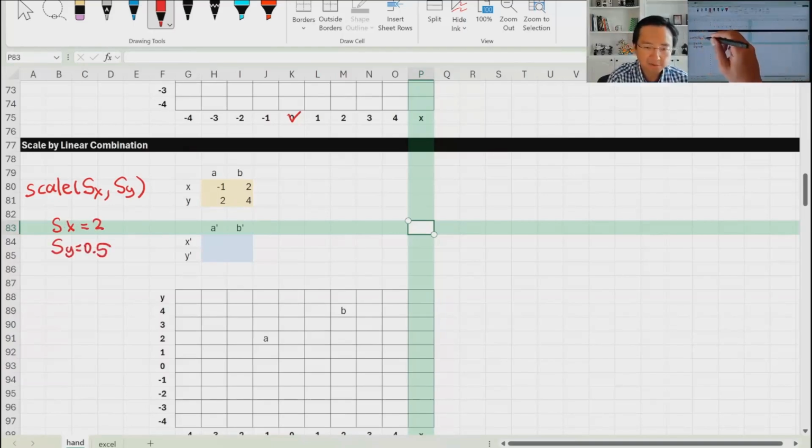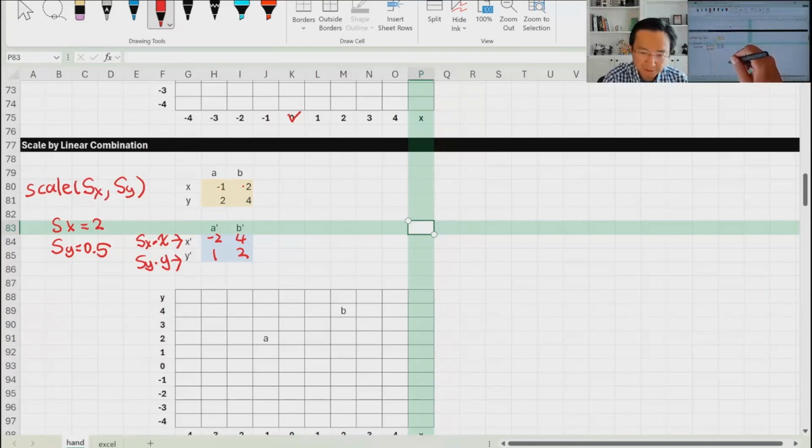The computation we want to do is assign s x times x to be our x prime and s y times y to be our y prime. That's our goal. Then we calculate this: minus 1 becomes minus 2, 2 becomes 1, and 2 becomes 4, and this 4 becomes 2. And then we will plot this.